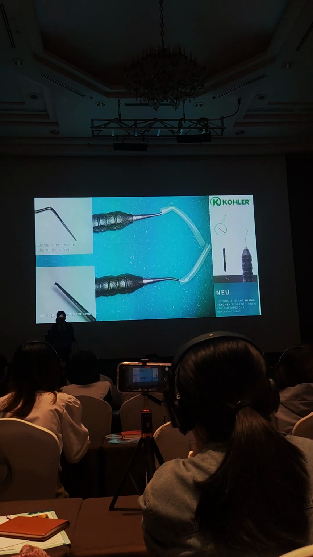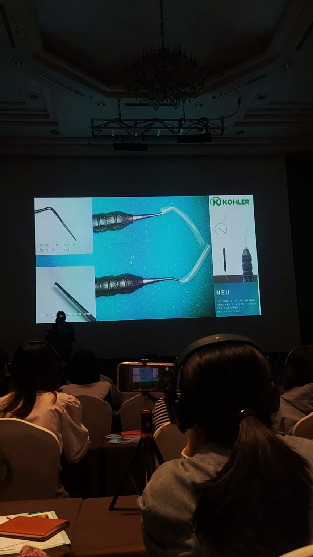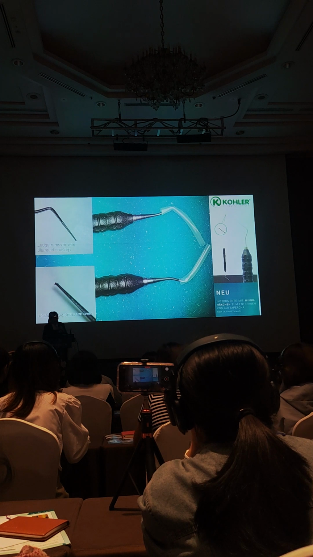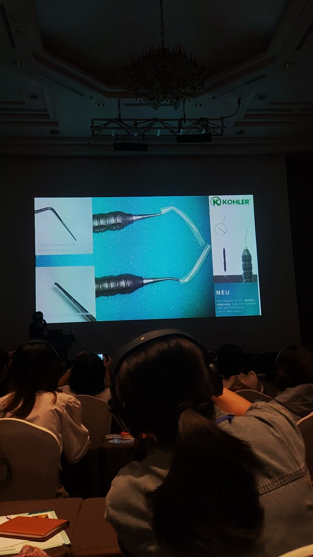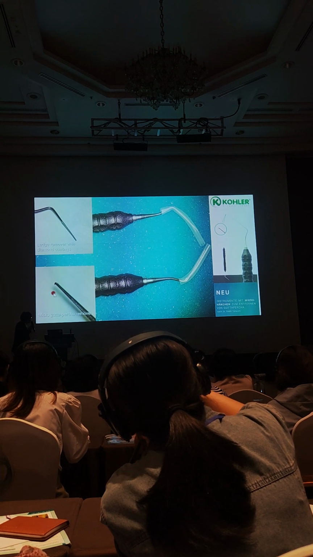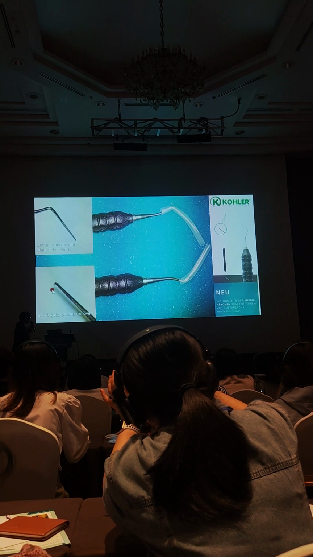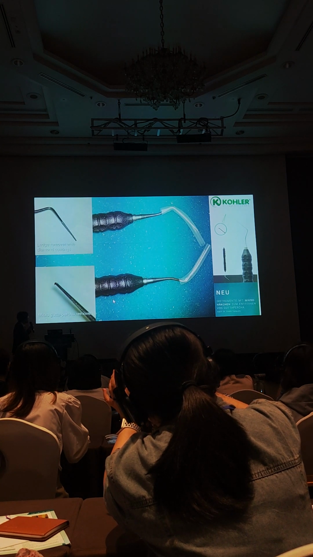There is another instrument that I want to recommend from the company called Kohler in Germany. There is a small hook here. If you take a close look at this instrument, this is a small hook. You can use this small hook to remove the gutta-percha.